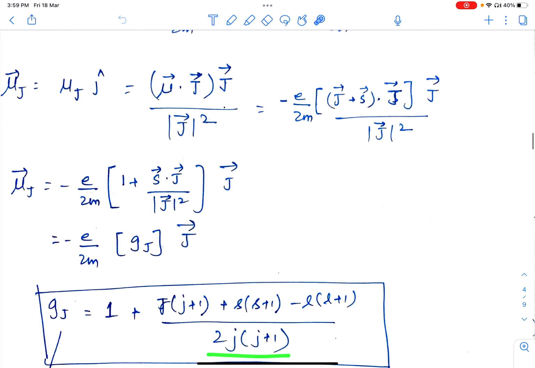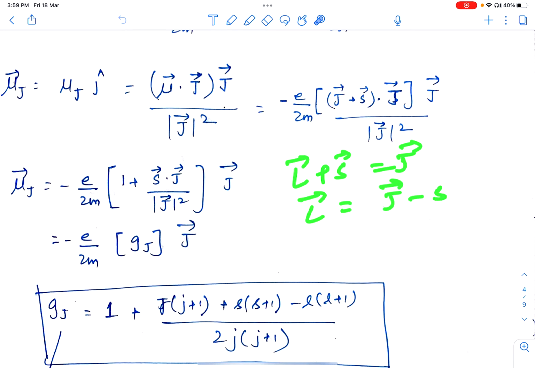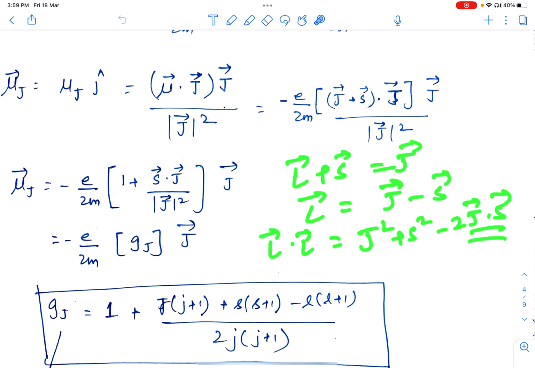Simple, because what you know is that L plus S is equal to J. Now L is equal to J minus S. So L dot L, we are squaring both sides actually: J squared plus S squared minus 2 J dot S. Then J dot S becomes what?